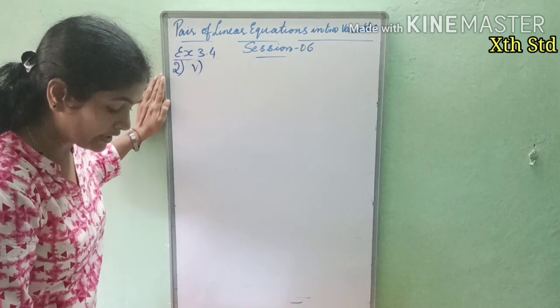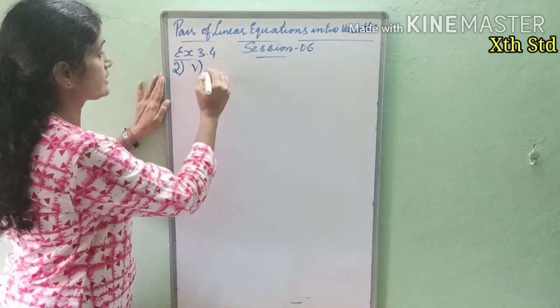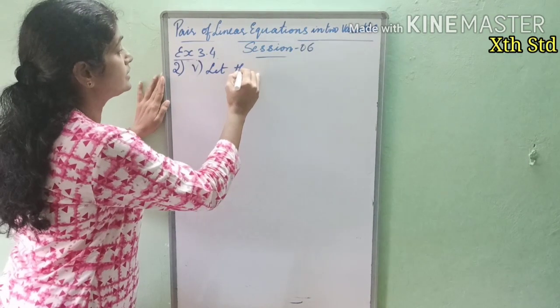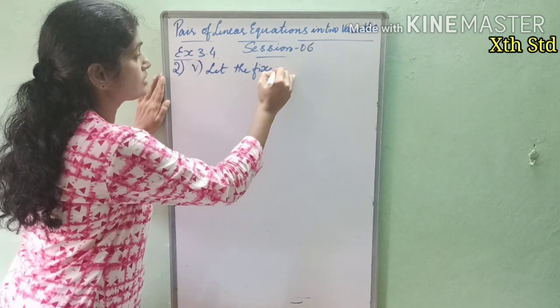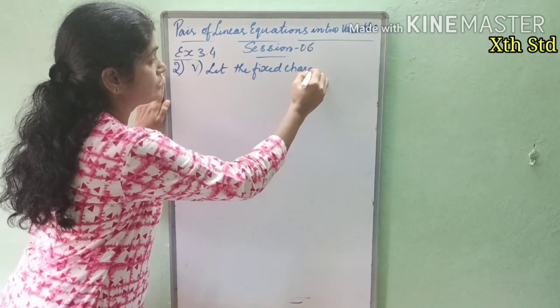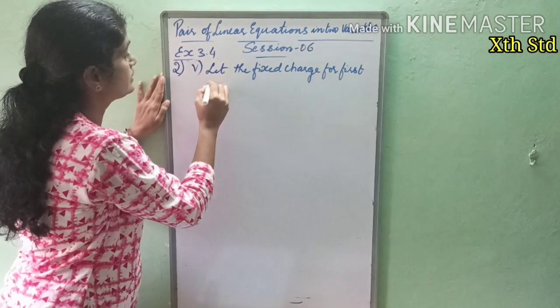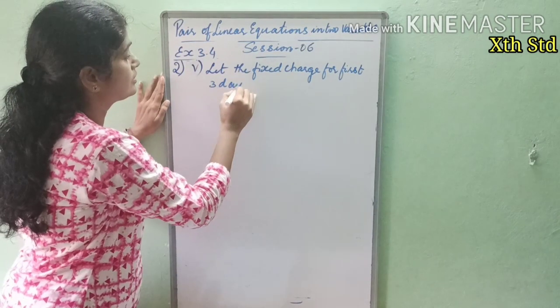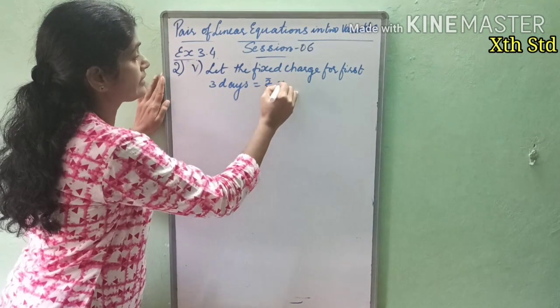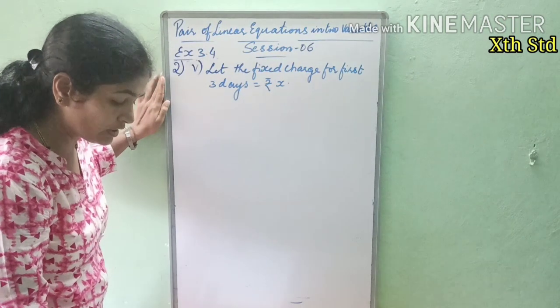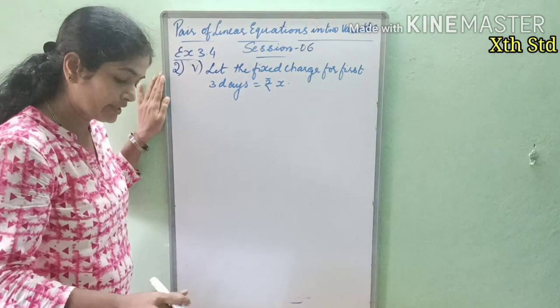Okay. So let the fixed charge for first 3 days be equal to rupees x. And what is the other one they have told? Additional charge per day.